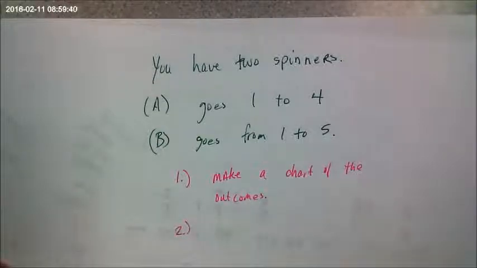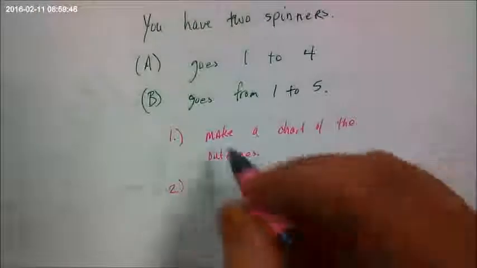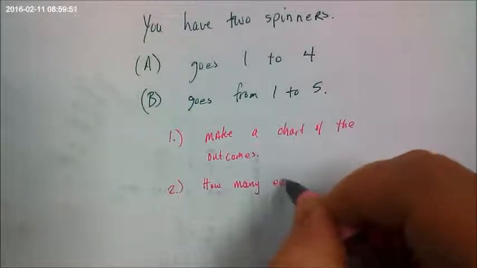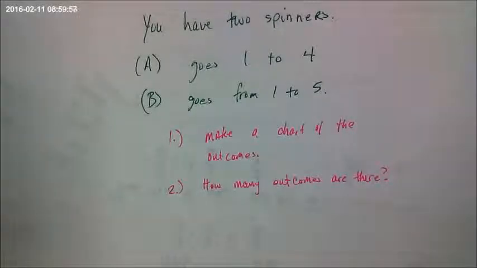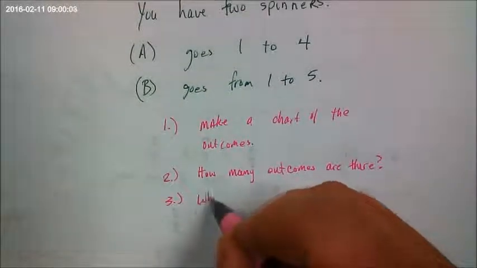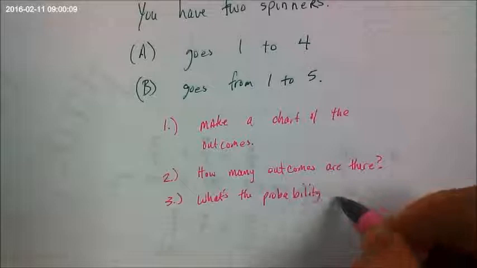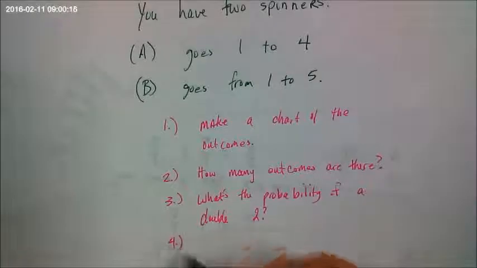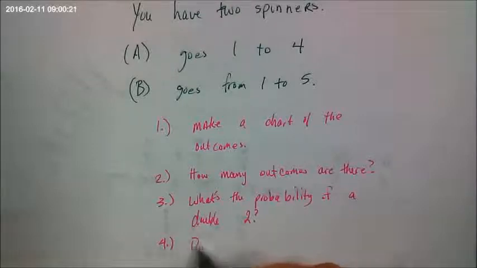Problem number 2, you know how they're like layered problems. Problem number 2 says, how many outcomes are there? There's 4 problems total. Number 3 says, what's the probability of a double 2? And number 4, oh boy, this one's confusing.